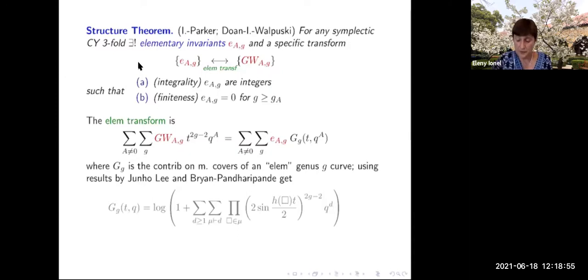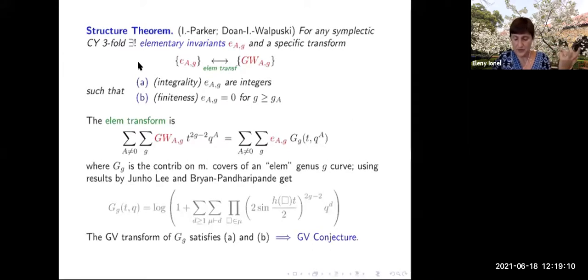However, what you can prove from this structure theorem is that you can take this generating function, apply to it the Gopakumar-Vafa transform, and you get out of it integers. If you take the GV transform of this function, you get coefficients which satisfy both integrality and finiteness properties.